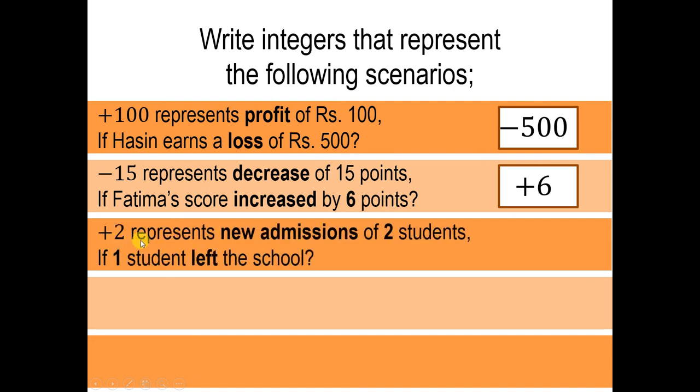Next, positive 2 represents new admissions of 2 students. If one student left the school, since positive numbers represent new admissions, the student who left should be represented by a negative number. So this is 1, so it should be negative 1. This is very simple actually.